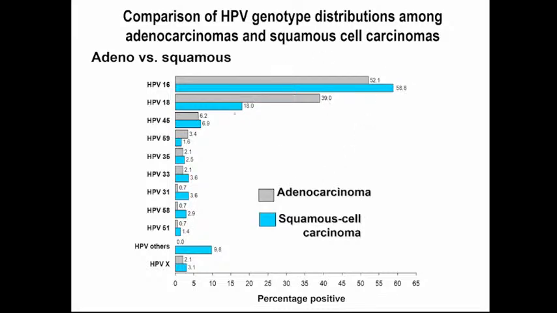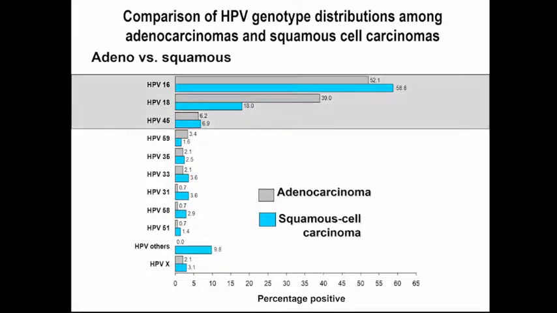So in essence, type 16 is the most important, followed by 18, 45, and then the others, 59, 35, 33, and so on. If you don't remember any other types, remember 16 and 18. And then 45 is a minor one.